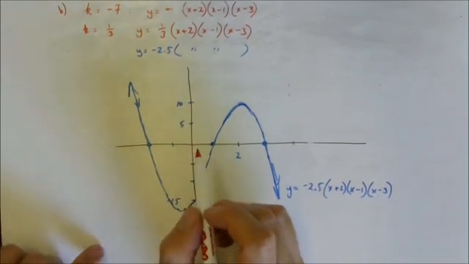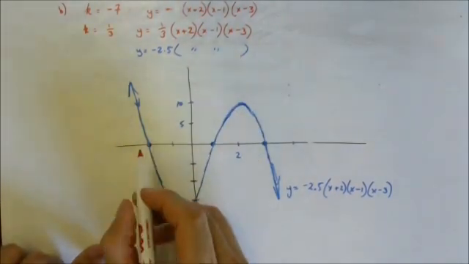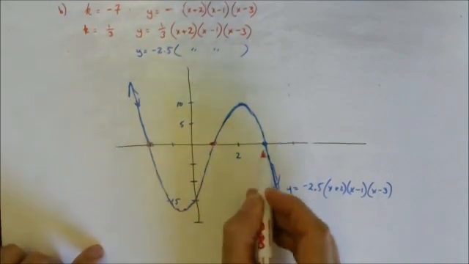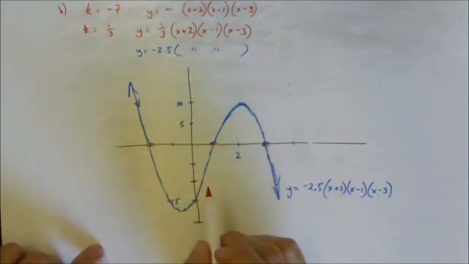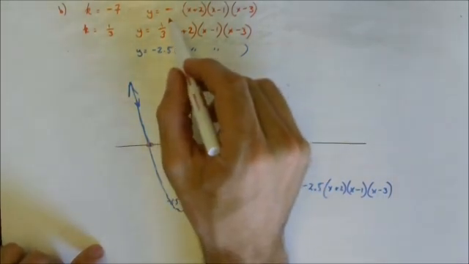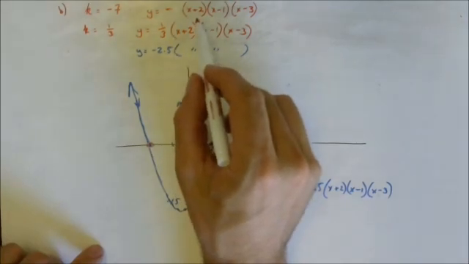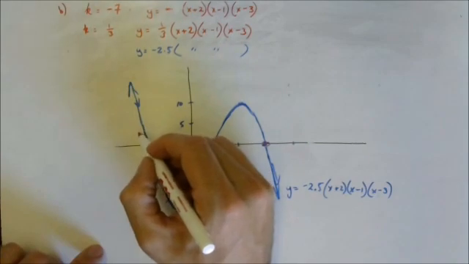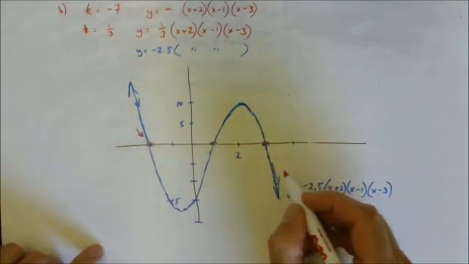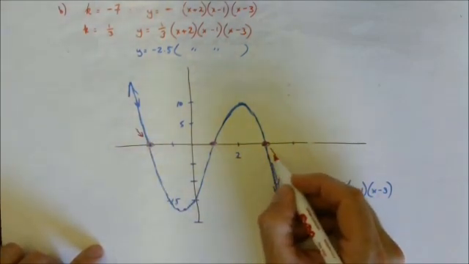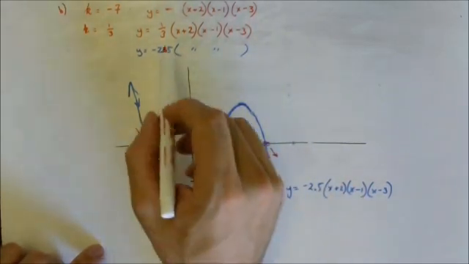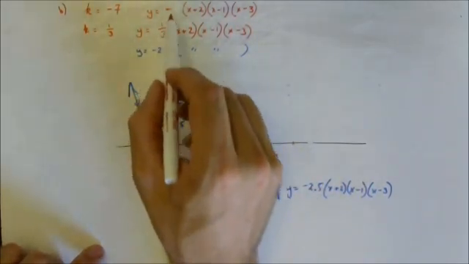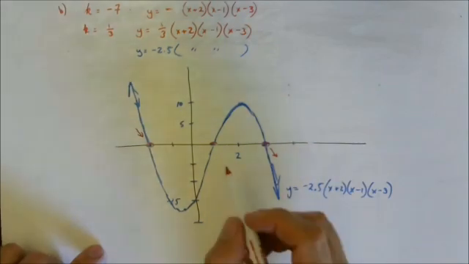I'll sketch one more just so you can see how to sketch it again, but it's got the same x-intercepts, so I'm going through here, here, here. And then it's negative again, the one that I'm doing. So it's going to be heading down the same direction and down the same direction. I know it's going to be shallower because I'm dealing with a multiple of 1 instead of 2.5.